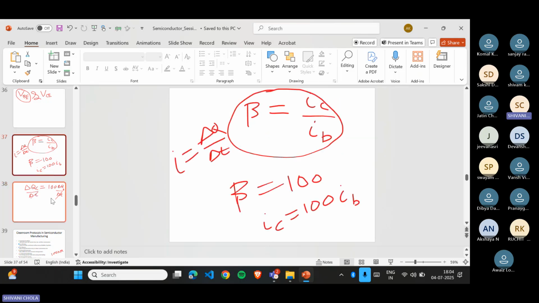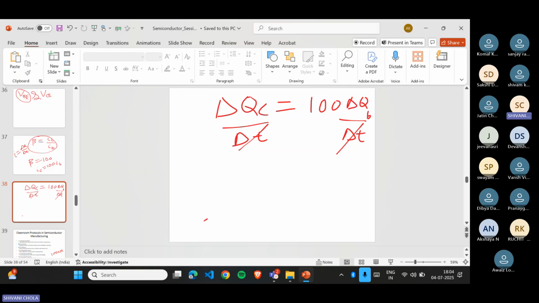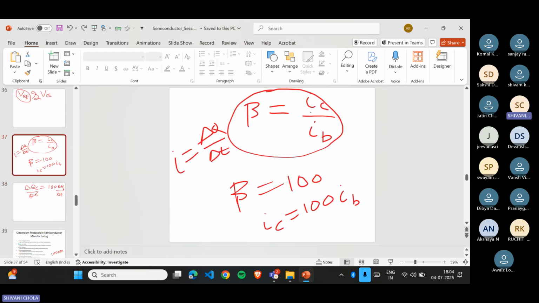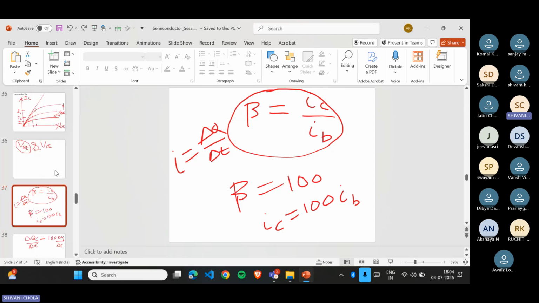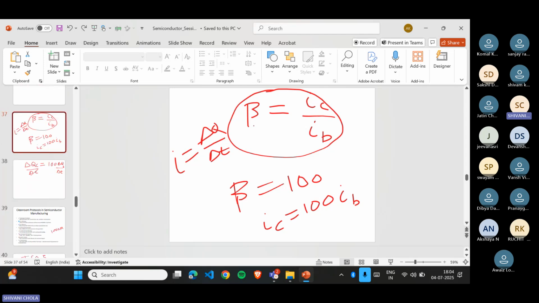This is why we like to represent this using the current gain. It just tells us that for how many electrons flowing through the collector, there will be one electron which will move through the base side, right? So this is just a current gain.